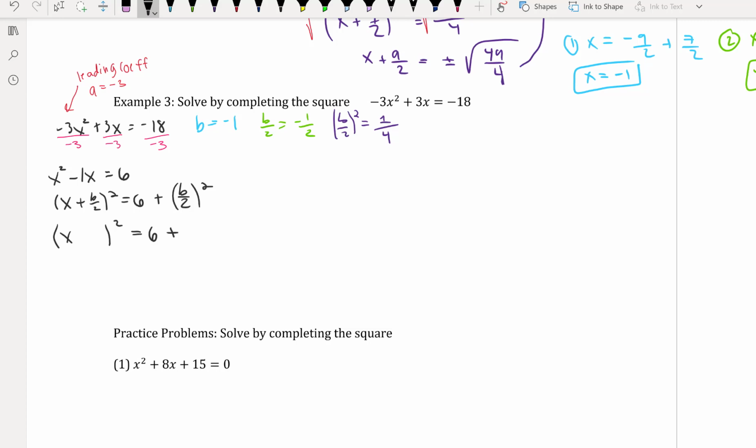So here, my b divided by 2 gives me -1/2, and my b divided by 2 squared was the +1/4.